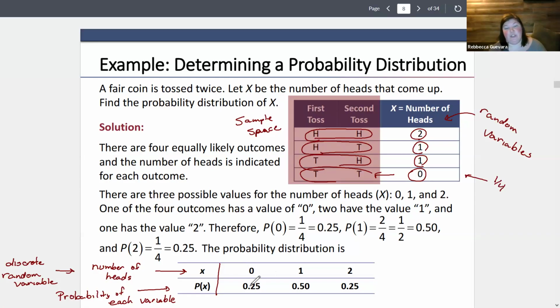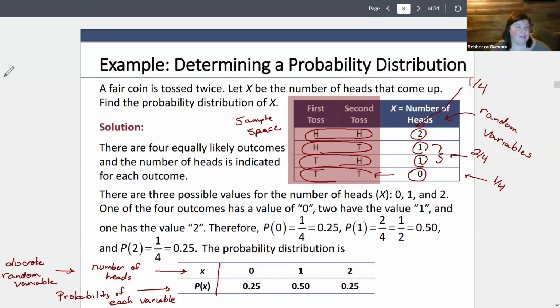So that is 0.25. If I get 1 head, that happens 2 out of 4 times, or 50%, or 0.5. If I get 2 heads, once again, that one happens 1 out of the 4 outcomes that I have, that is going to be 0.25.